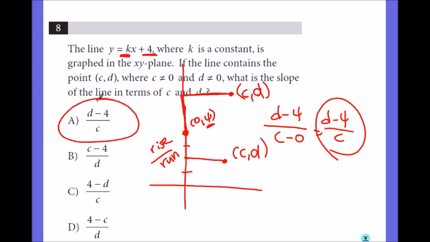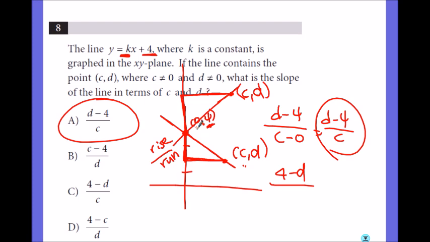What if you use this one? Would it also work? So from here to here, if you put (c, d) here, not like that. So you go down. It's the difference of 4 minus d. And it's going down, so 4 minus d.